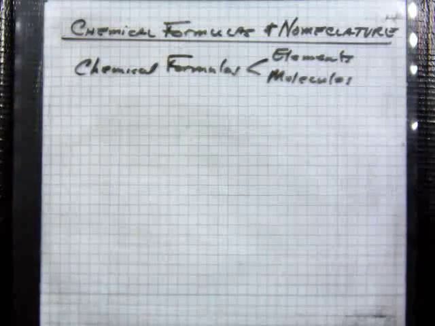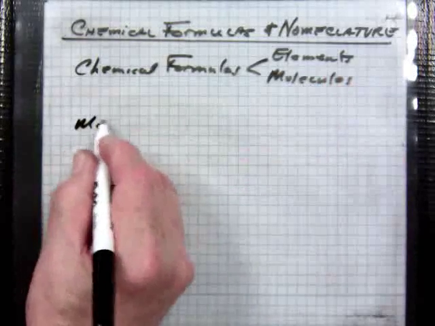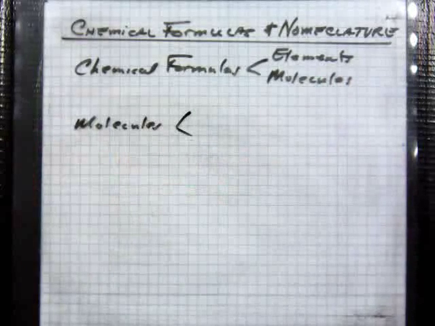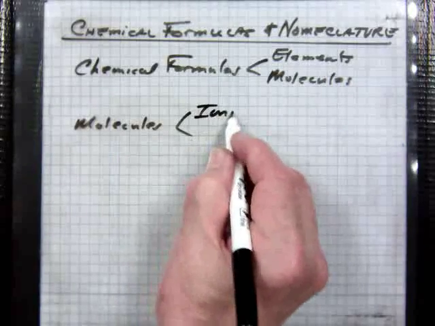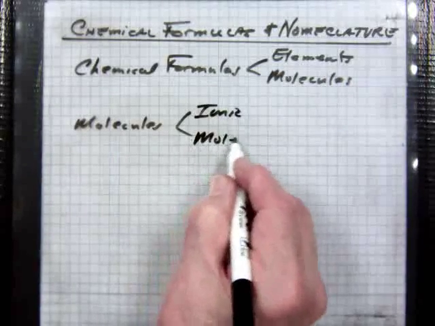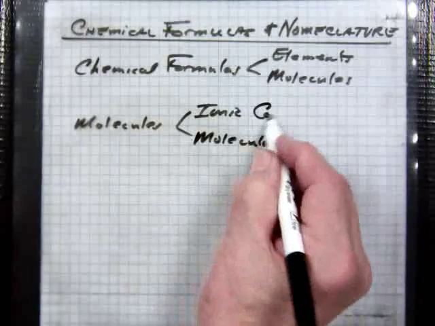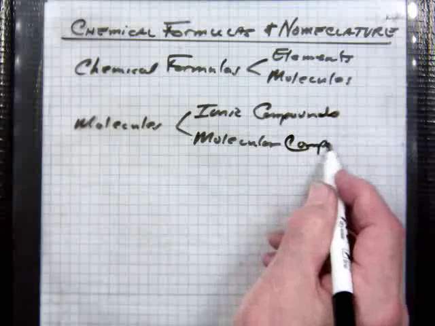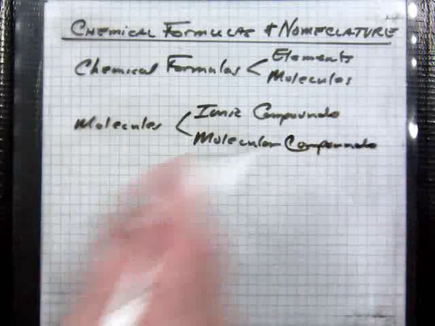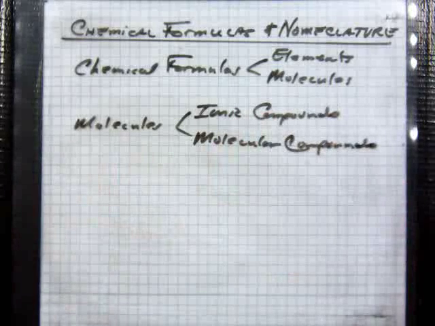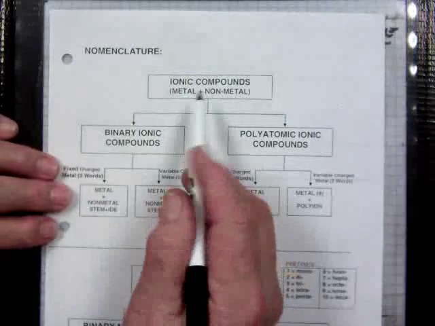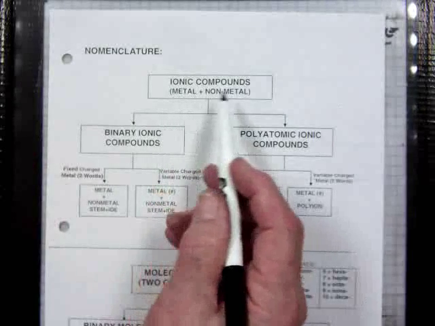Now, in molecules, we find there are really two primary classifications, ionic and molecular, and then compounds. In the ionic compounds, you can see there at the top of the handout, they always consist of a metal and a nonmetal.